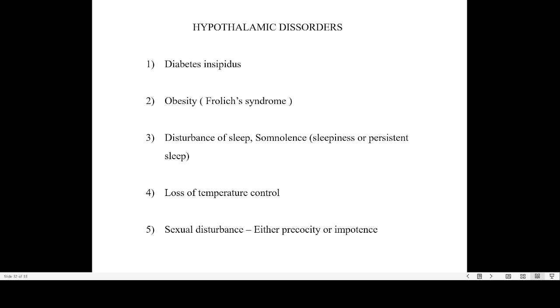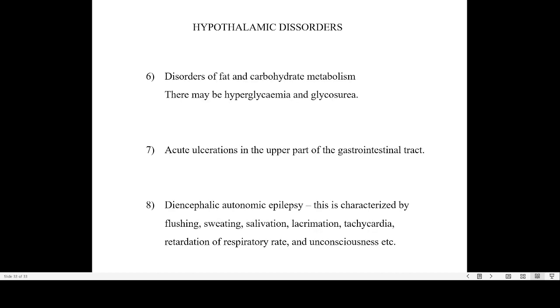Simple hypothalamic disorders include diabetes insipidus, obesity, disturbances of sleep, somnolence, that is sleepiness and persistent sleep, loss of temperature control, and sexual disturbances, either precocity or impotence.